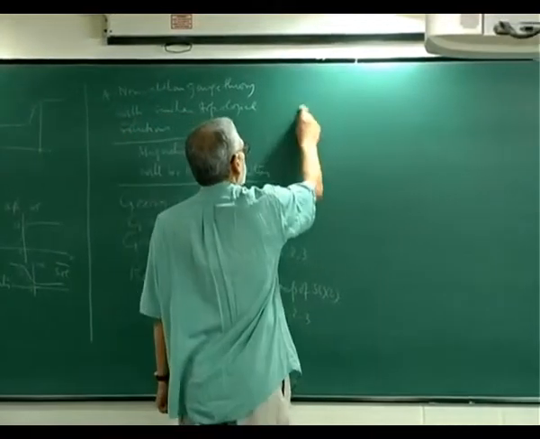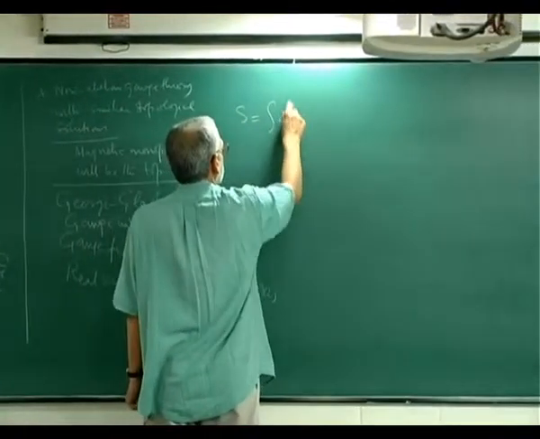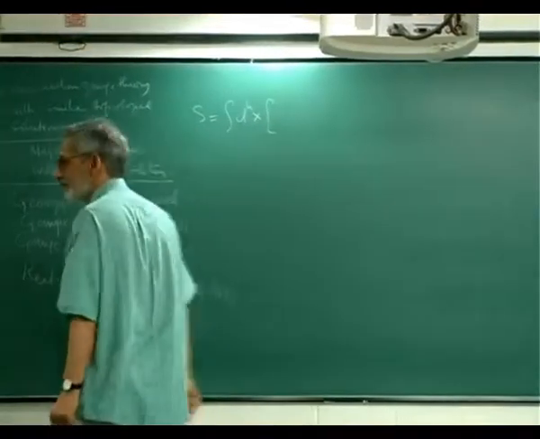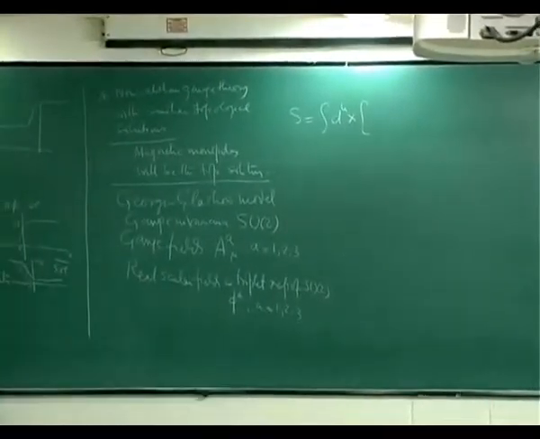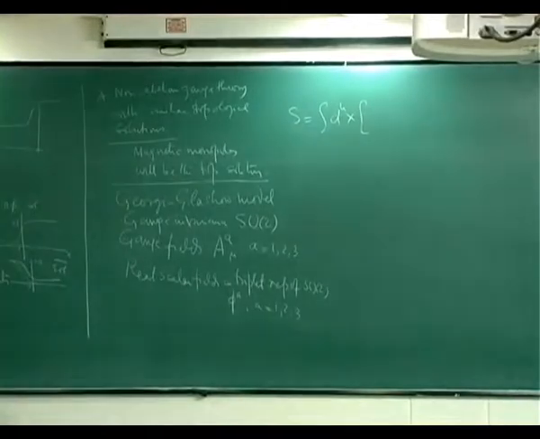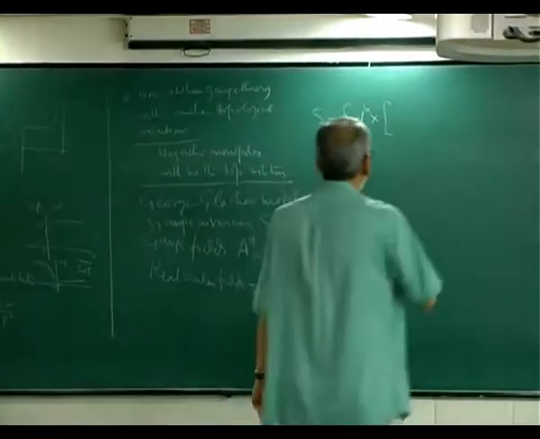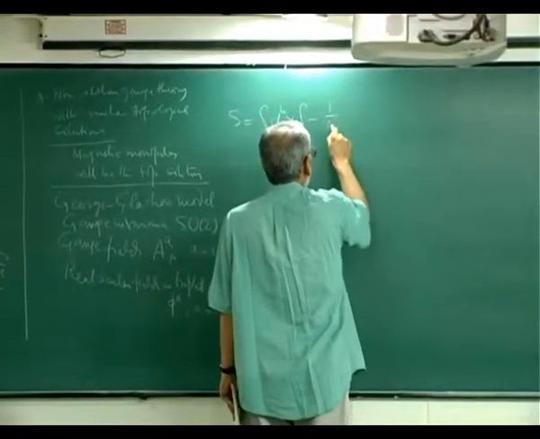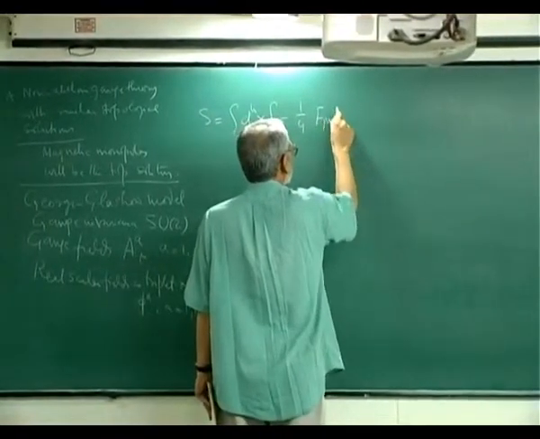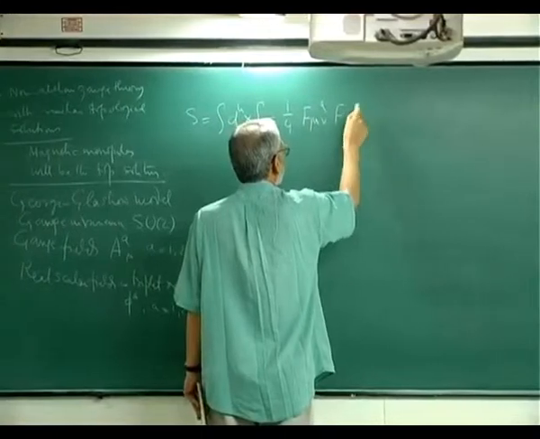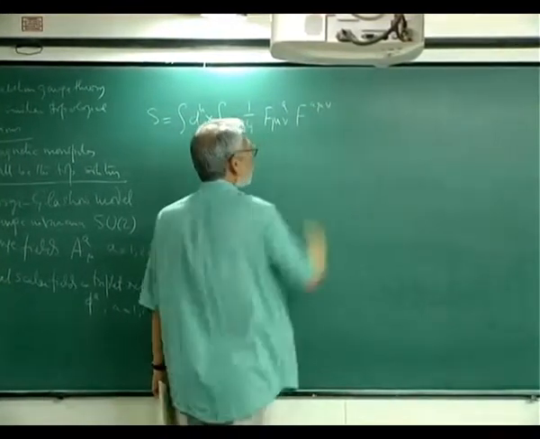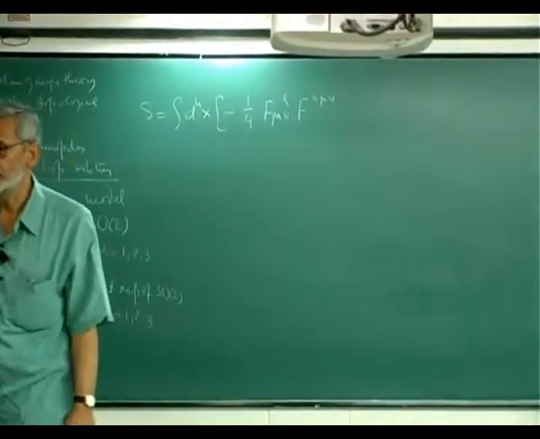The action is given by the integral d4x of the gauge field action, which is the square of the corresponding field strength.